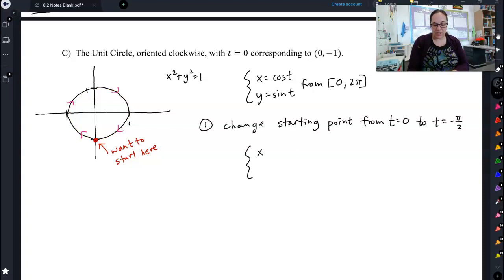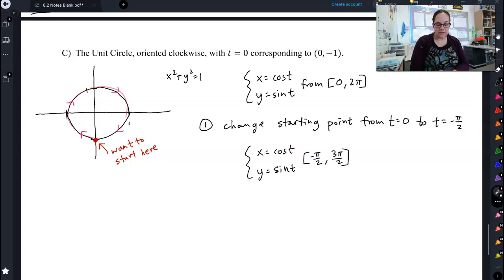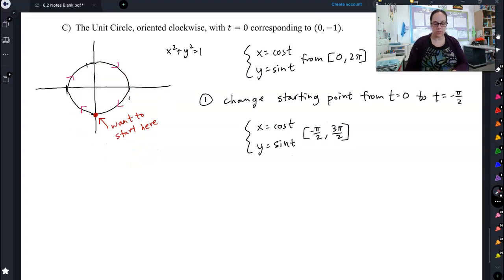That one is actually a pretty easy adjustment to make. All we're going to do is instead of from 0 to pi, I'm going to go from -pi/2 to 3pi/2. Because that's still the full unit circle. I'm just starting down here now. So I'm starting from -pi/2 and I'm going all the way around to +3pi/2. And that still gets me the whole circle.